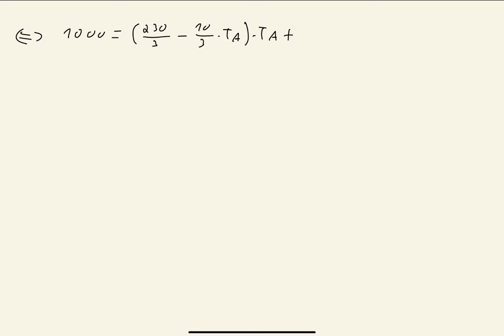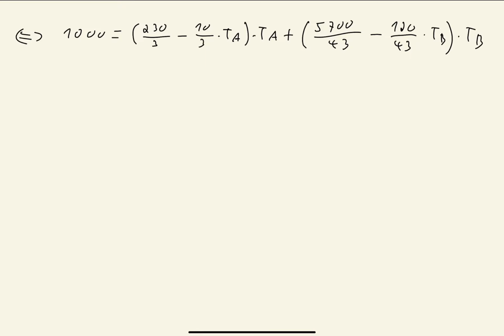So this is the tax revenue due to a tax on apples. To this we add the tax revenue due to a tax on bananas. So 5,700 divided by 43 minus 120 divided by 43 times TB. And we multiply this with TB.